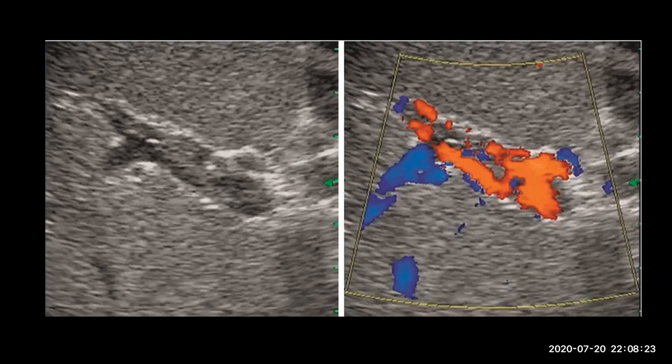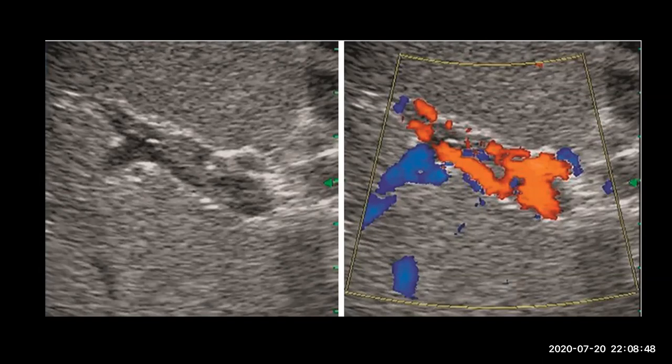So this is a partial portal vein occlusion in this example. You see this echogenic area in that area, and the less echogenic area in that area, which is the flow as we see here. The echogenic area is the thrombus, partially filling the portal vein.